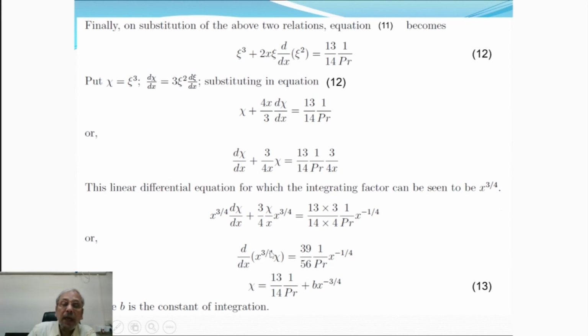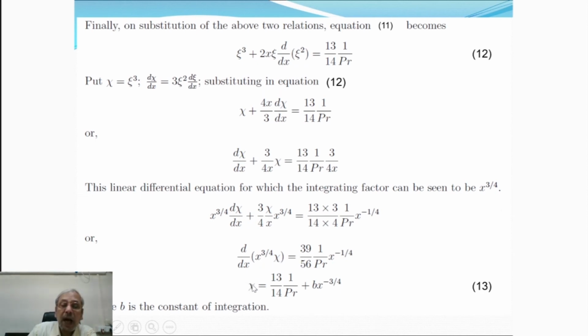And we can get from here chi equal to 13 by 14, 1 by Prandtl number plus b obviously, after integration this constant will come, because d/dx of this expression we integrate it once, we get x to the power 3 by 4 into chi equal to this expression plus b.